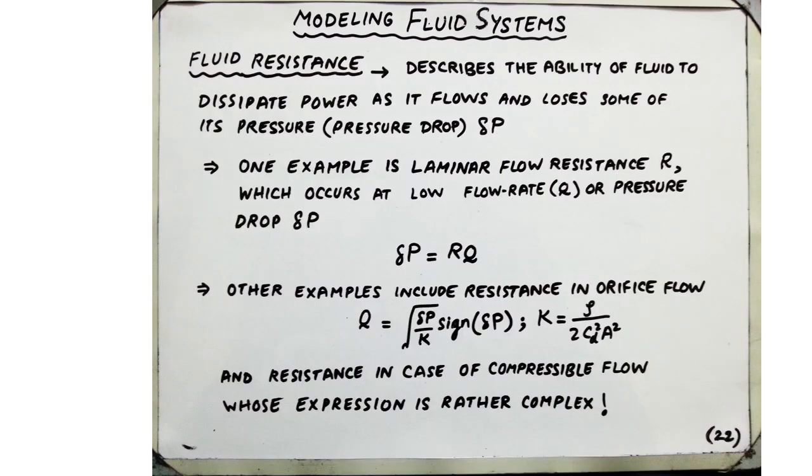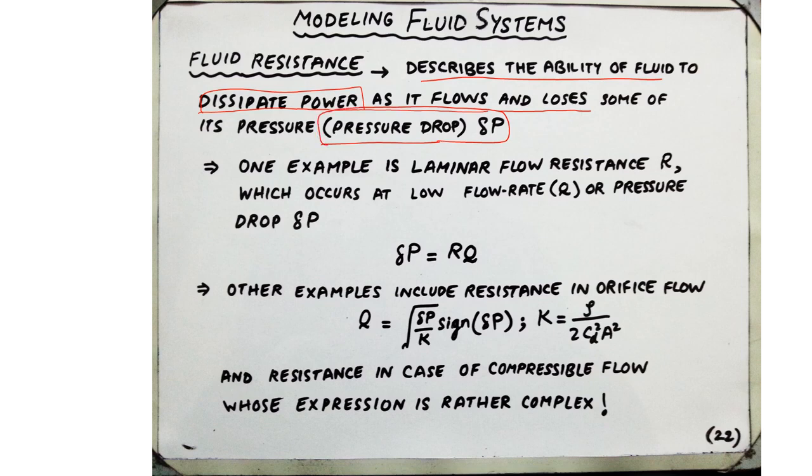The last property we are going to discuss is the fluid resistance. It effectively describes some kind of a pressure loss, and that occurs when the fluid is flowing, and as a result of its flow, it is going to lose some of its energy, so it's going to dissipate some power, and that power is often reflected as the drop in its pressure.